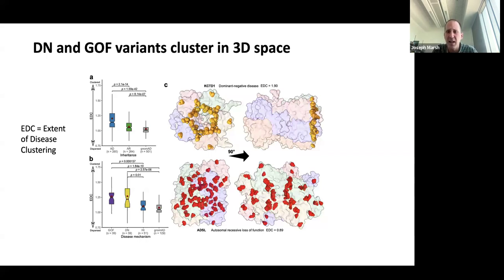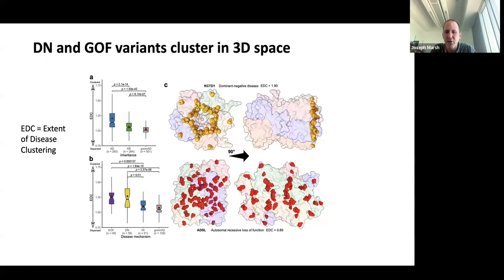So basically for a loss of function, you can kind of wreck a protein anywhere. Throughout the protein, there's lots of sites where you can cause a loss of function. But for a gain of function or a dominant negative effect, it's doing something much more specific. So we see a lot of very localized disease variants, like KCTD1 on the top, where all the disease variants are localized right around the rim of the channel pore that's associated with this gain of function impact.